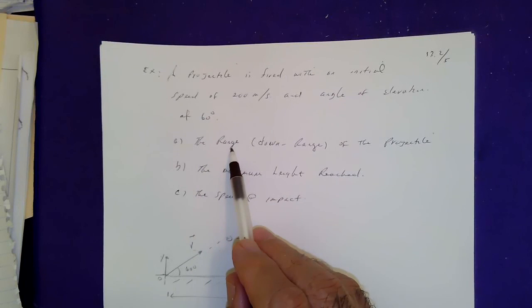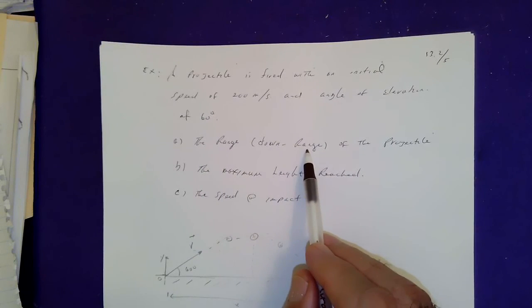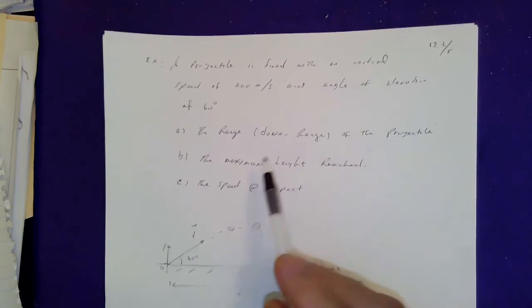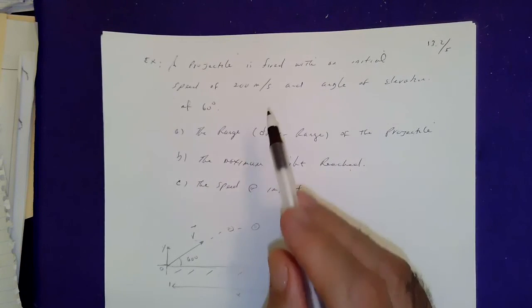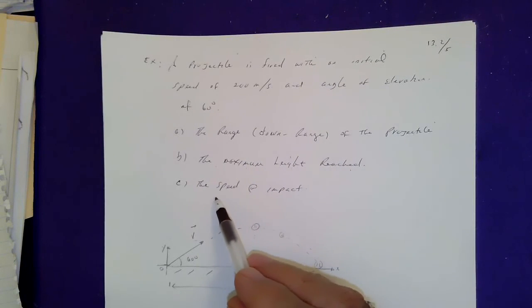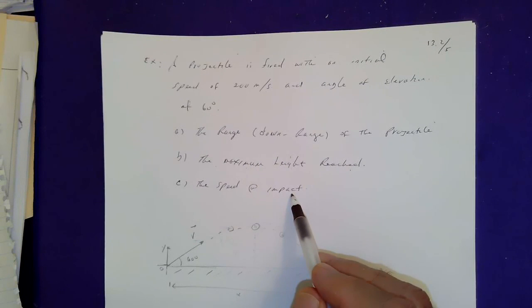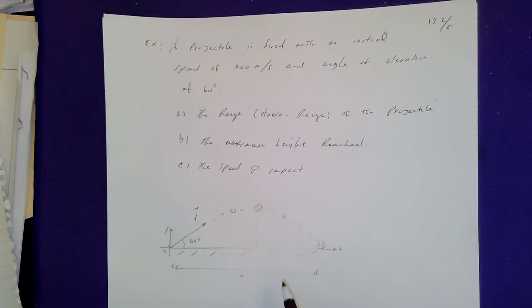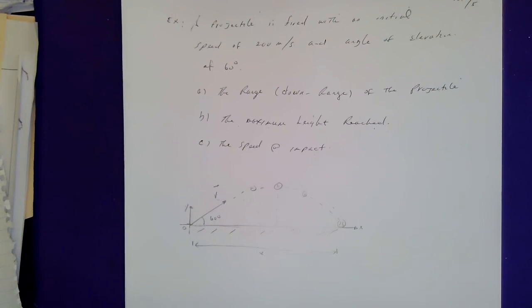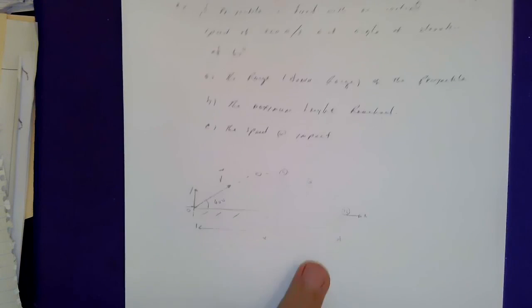Can you find the range, sometimes called the downrange, of the projectile? And can you find the maximum height reached by the mass? And can you also find the speed at impact? Impact meaning when the mass hits the ground, what was the speed? Contrary to common belief, it's not 0.